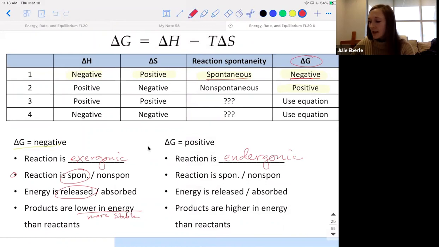But it's exergonic and endergonic, okay? So positive delta G is an endergonic reaction. That is just the opposite, non-spontaneous. Energy is absorbed overall, not released, and the products are higher in energy, so they're less stable than the reactants, okay?